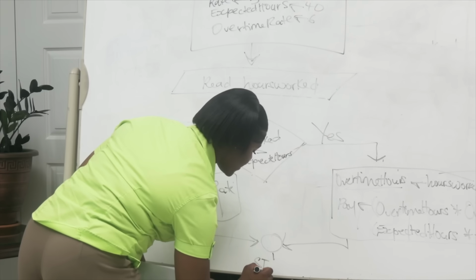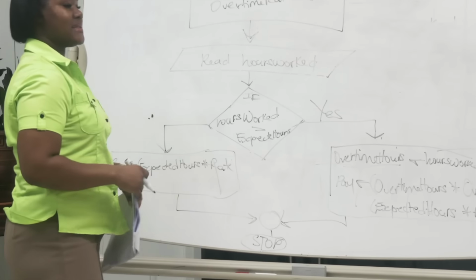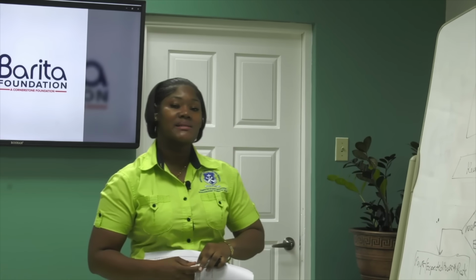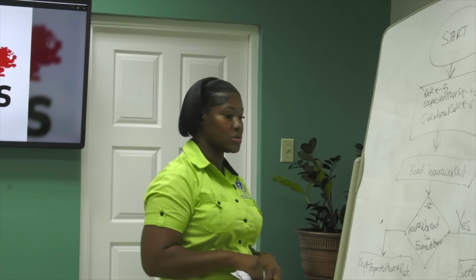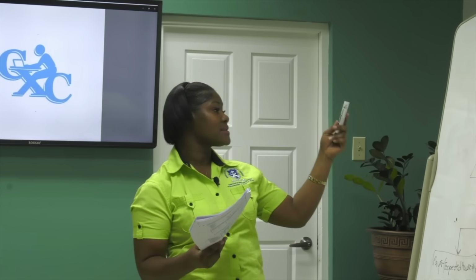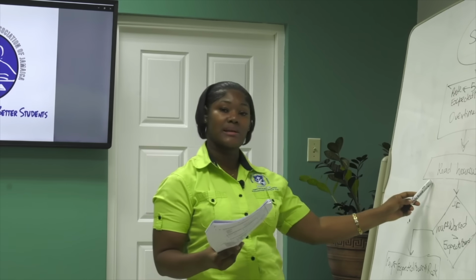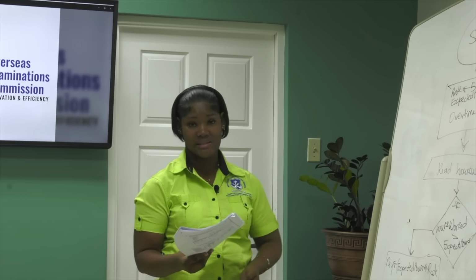And then remember, our pseudocode must have a start and a stop, and I place my stop in my terminator or my start-stop symbol, and this would basically be the respective flowchart for the pseudocode that we just looked at. So we have our start, we have our assignment symbol, we have our input-output symbol, we have our decision symbol, which is for our selection statements.